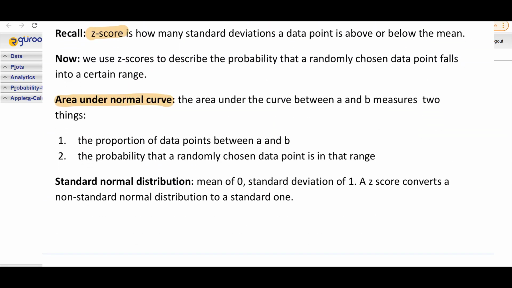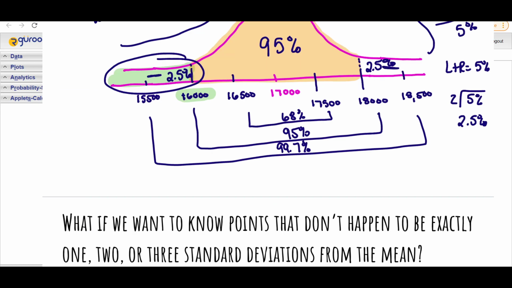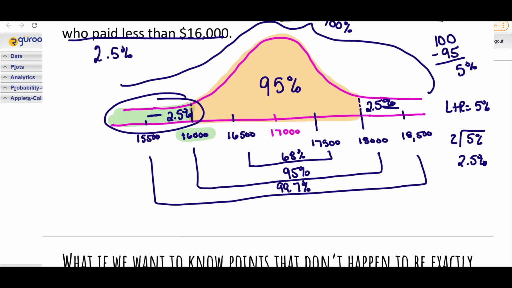So if we find the area under the curve between 2 points, A and B, then that represents the proportion of data points between A and B. So again, if I wanted to know what is the area between 16,000 and 18,000, it would be 0.95, and 0.95 would also represent the proportion who paid between those two numbers.